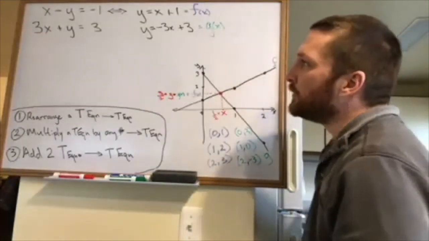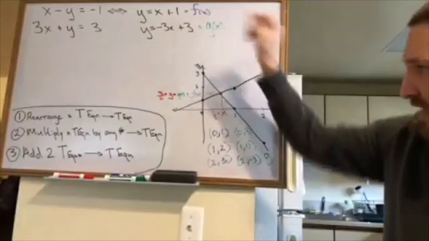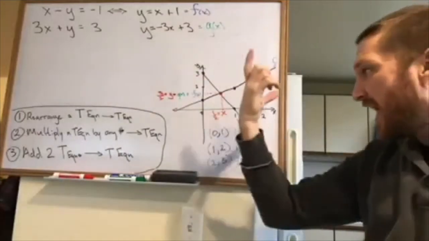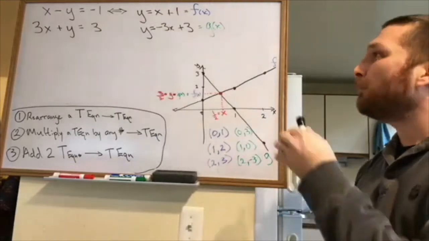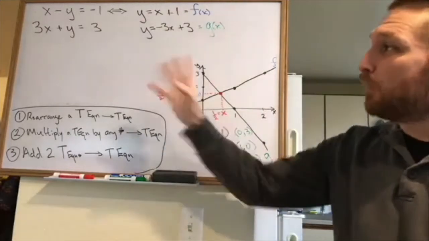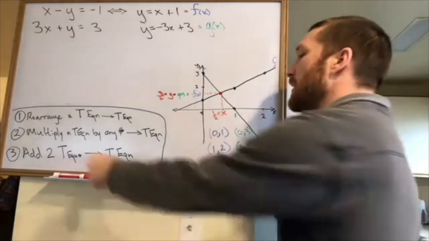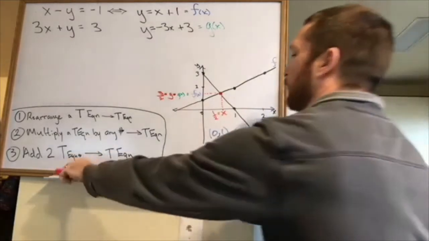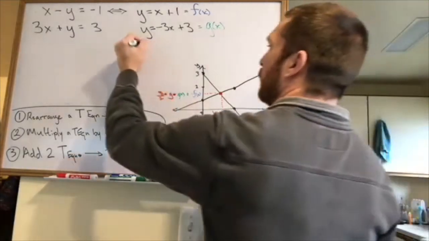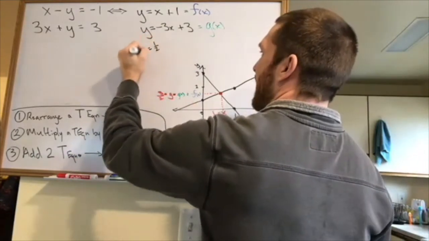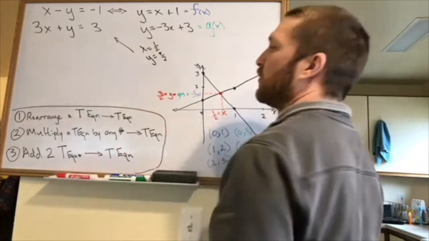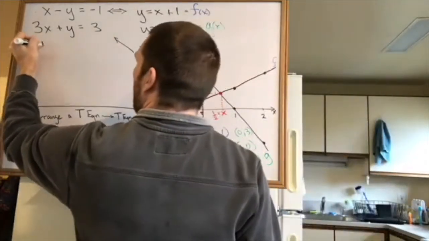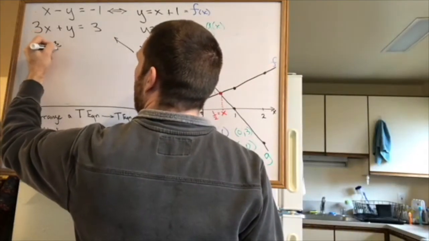So let's just check that what I have just done gives me a point that makes both of those equations true at the same time. I'm going to take the point x equals 1/2, y equals 3 halves, and plug it into each of these equations. In the first case, I get 1/2 minus 3 halves.